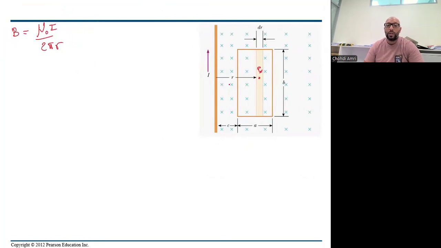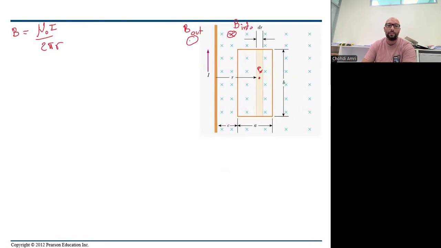If we want the direction of the magnetic field, point your thumb in the direction of the current and curl your fingers in the direction of the magnetic field lines, and the magnetic field will be tangent to the field lines. So from the left side, it's going to be out of the page. From the right side, it's going to be into the page.